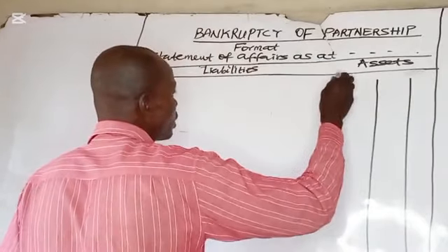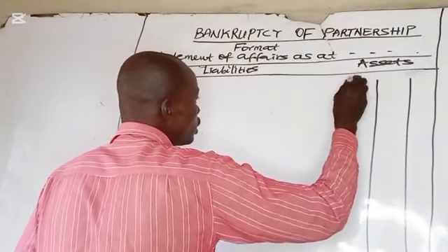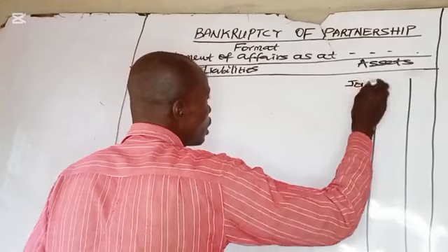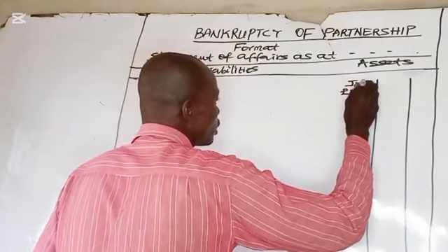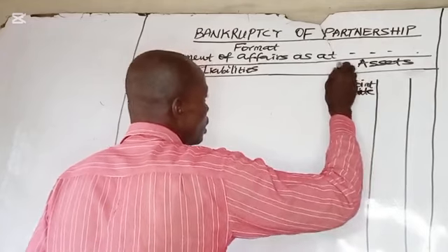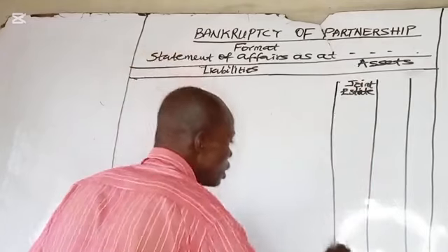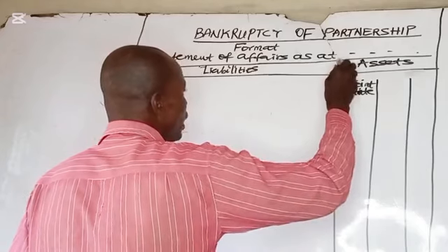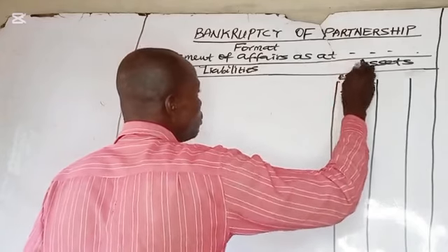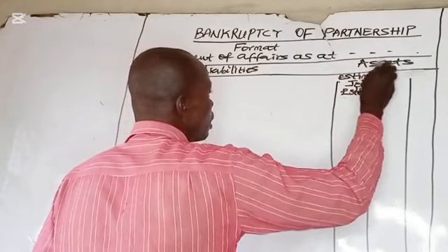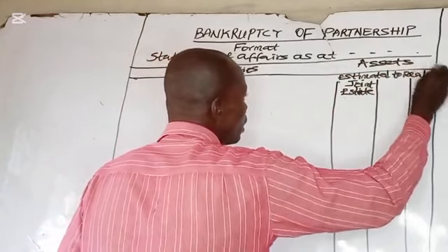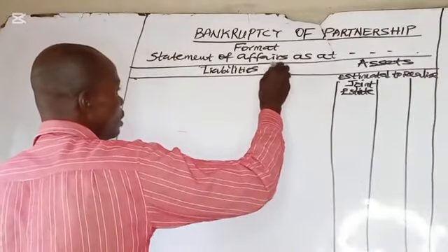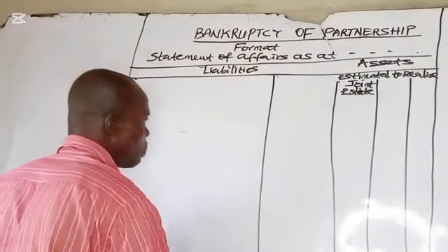Then joint estate. Then estimated to realize. Then details or particulars.